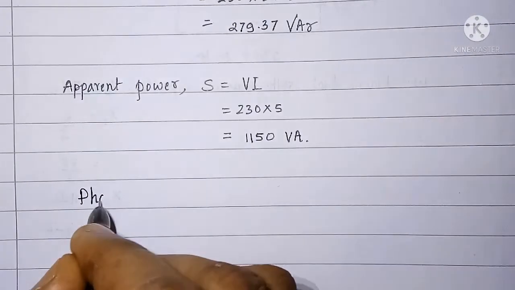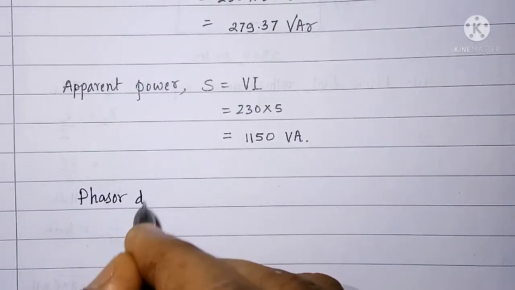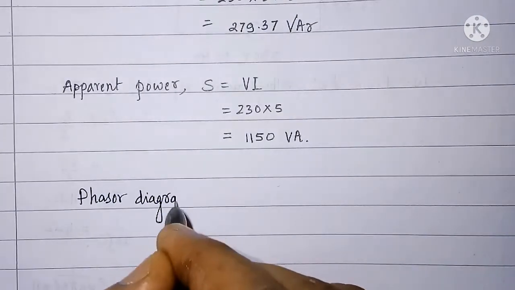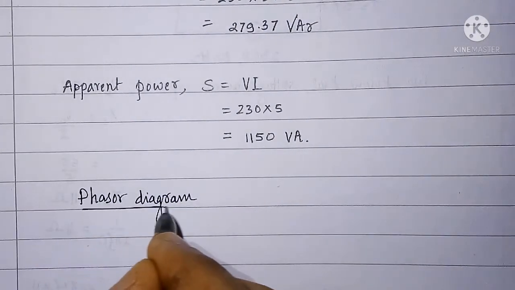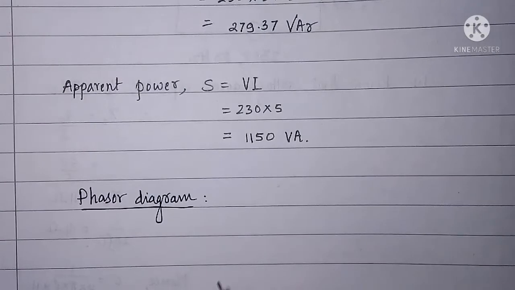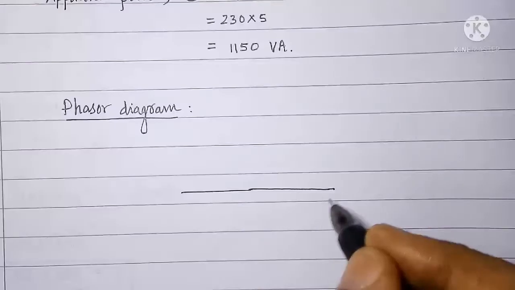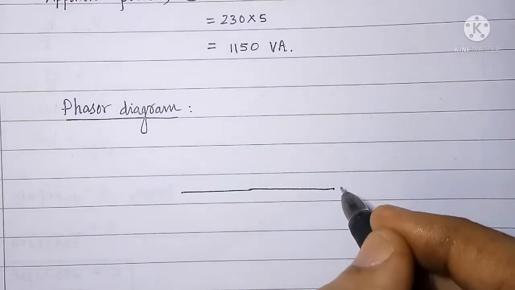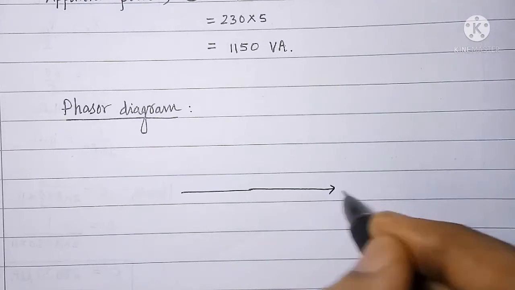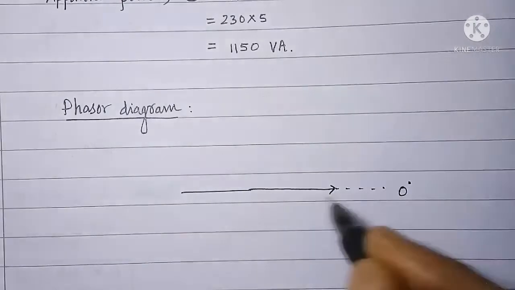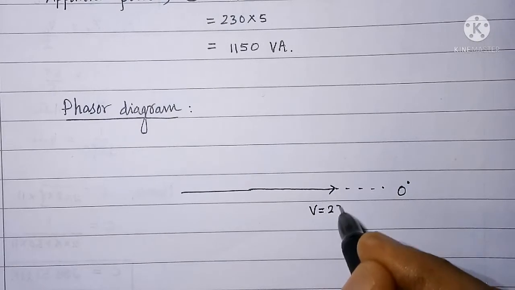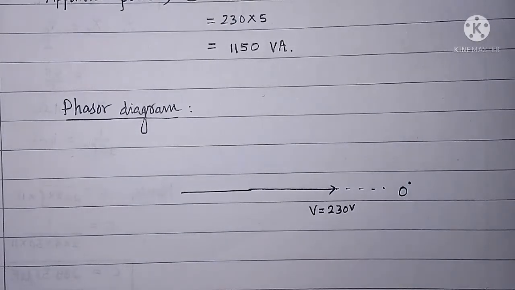Next we will draw phasor diagram. Let us take voltage phasor as a reference at 0 degree. Vrms is 230 volt. Current is leading in RC series circuit.